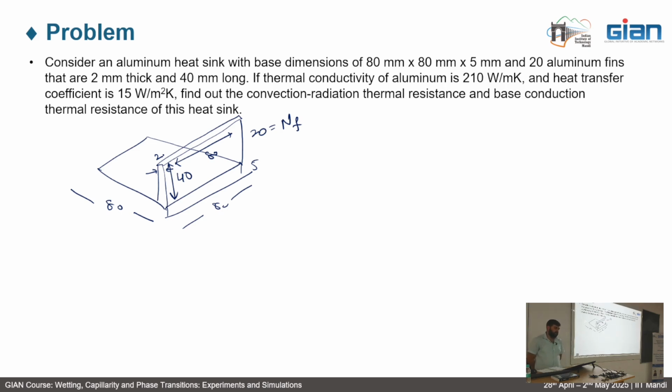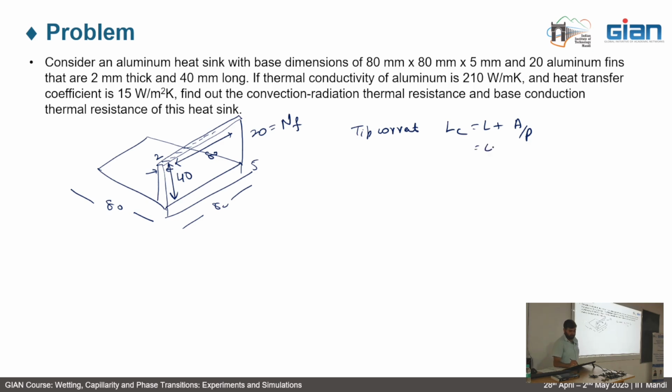So since these boundary conditions are not given, we can simply do the tip correction of the fins, which means that we write the corrected length, which is equal to L plus A by P, that we can do, right?